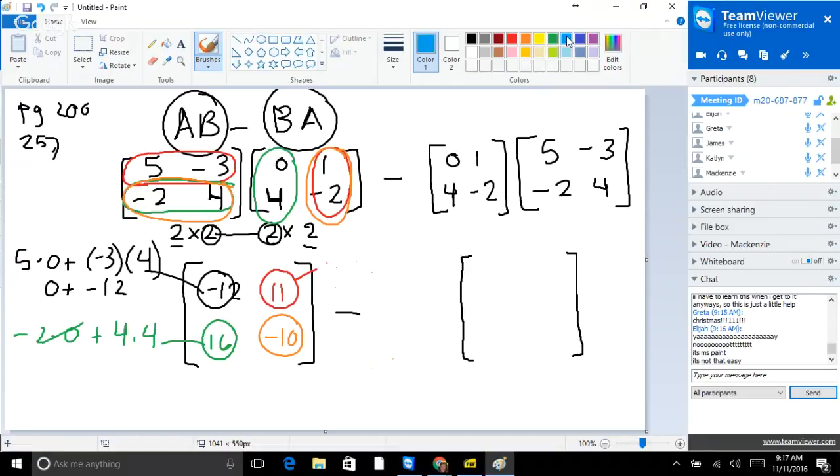To figure out the first row, first column, we multiply the first row times the first column. So that's 0 times 5 plus 1 times -2. 0 times 5 is out, so we've got 1 times -2, which is -2.